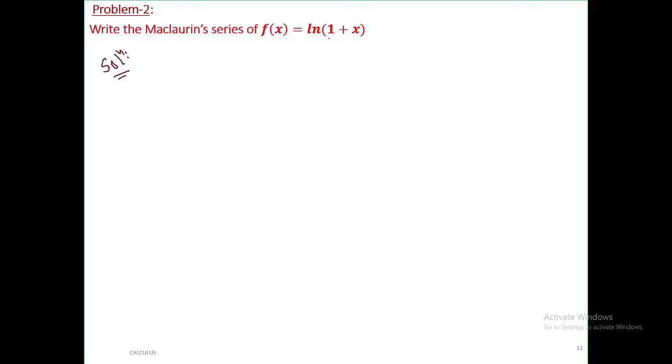Okay, Maclaurin series of this one. So first, what is the formula? f(x) is f(0) plus f'(0)/1! times x plus f''(0)/2! times x squared plus f'''(0)/3! times x cubed plus up to so on.